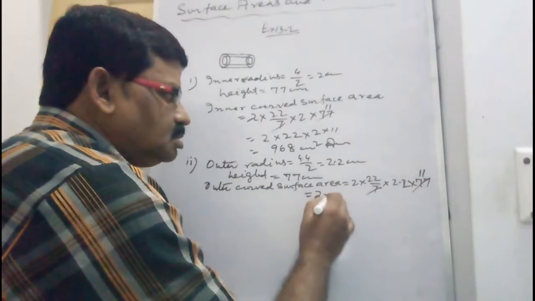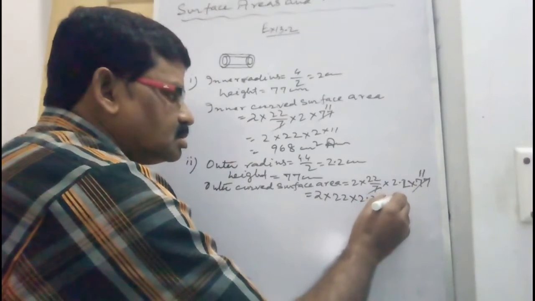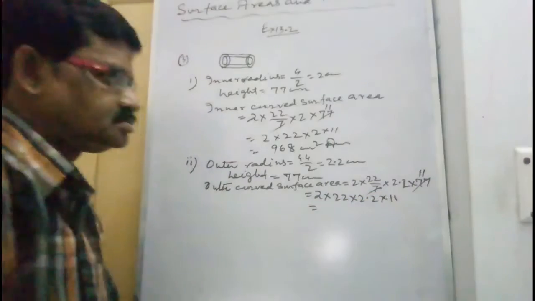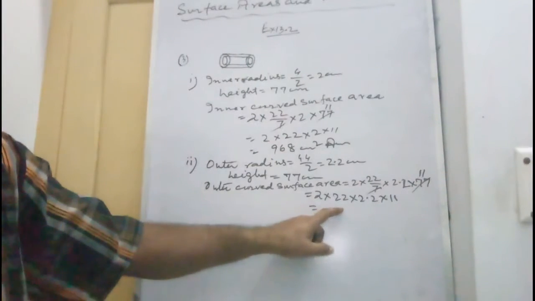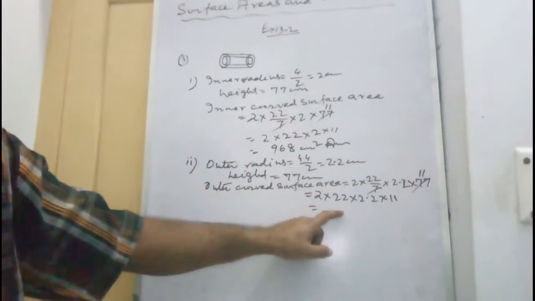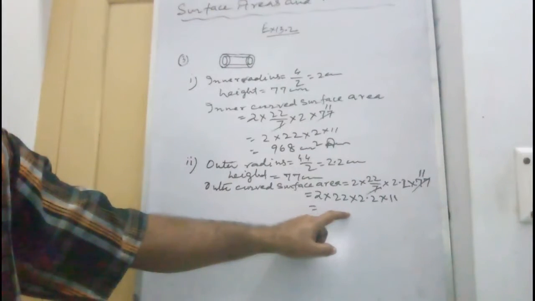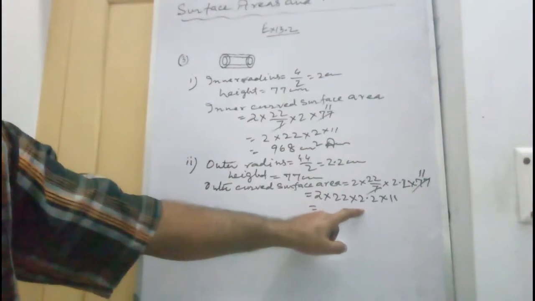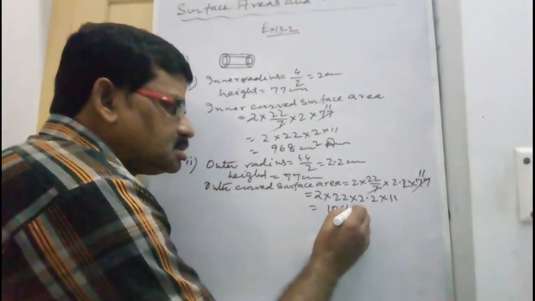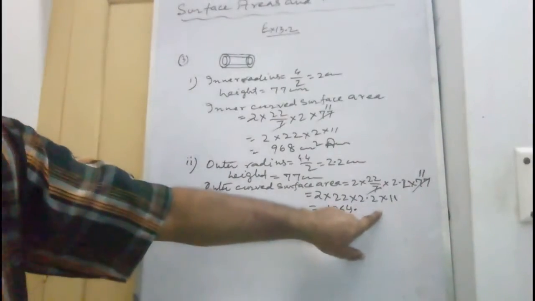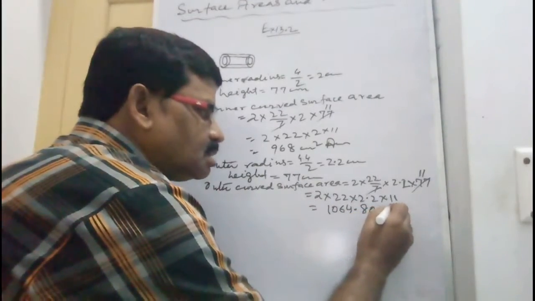So 2 into 22 into 2.2 into 11. Now multiply all these four. So 2 into 22, that is 44, into 11 into 2.2, so 1064.80 centimeter square.